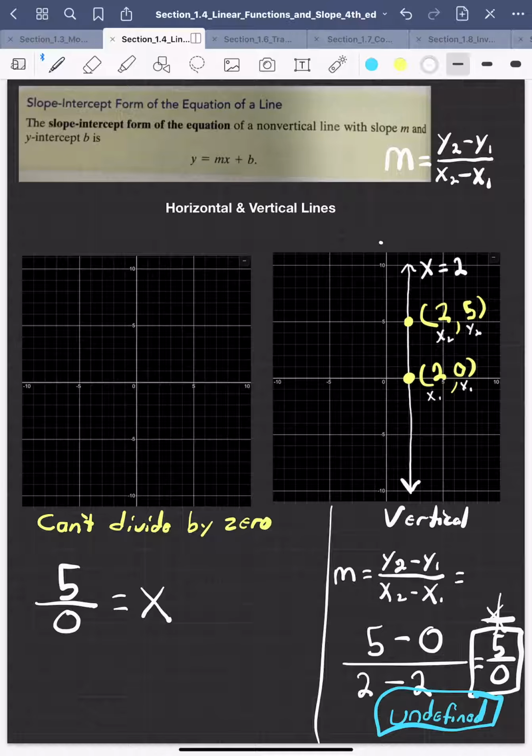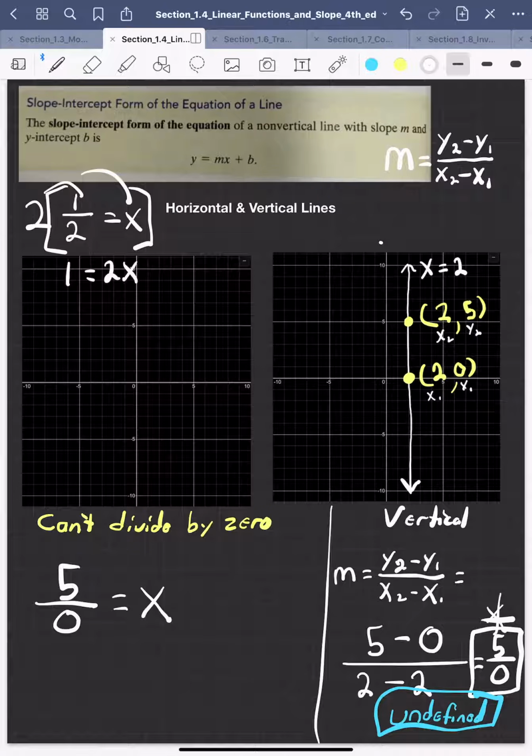Well, that would mean by properties of equality, for example, if I had 1 over 2 equals x, you and I know I can multiply both sides of that equation by 2. So that ends up with 1 equals 2x, right? What if I did that here? What if I multiply both sides of this equation by 0?